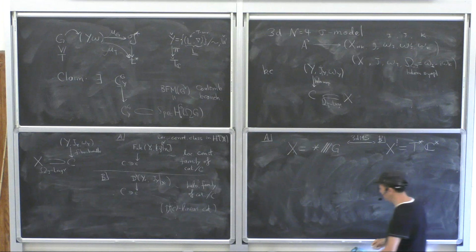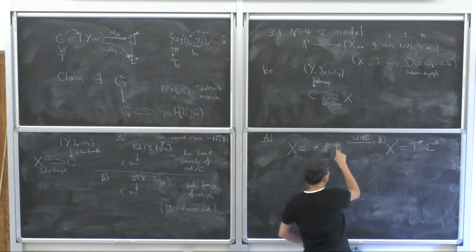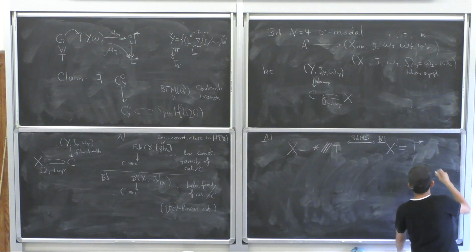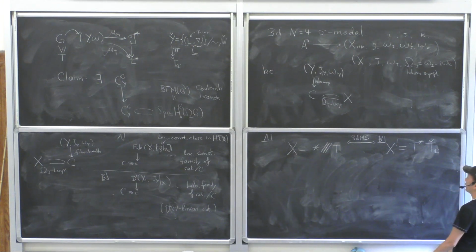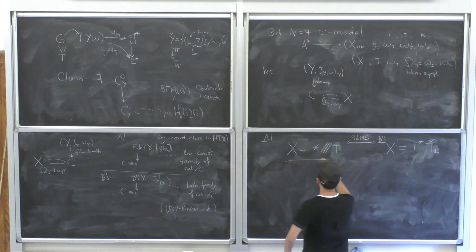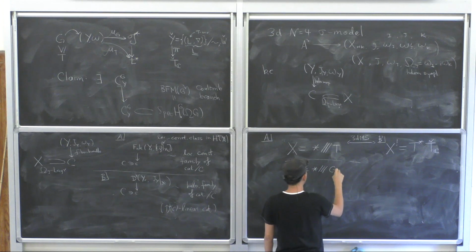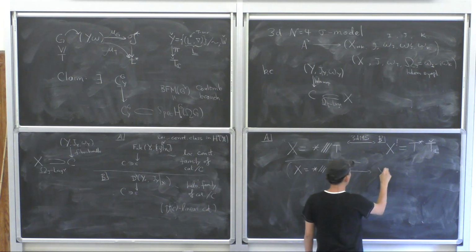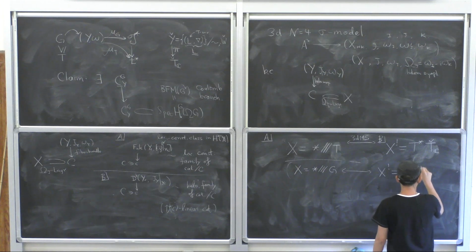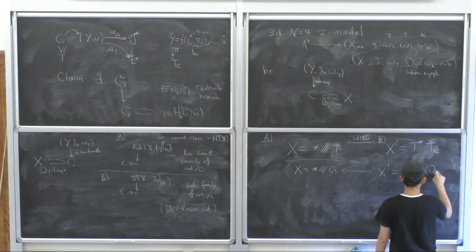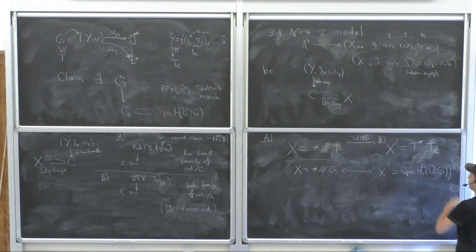Sorry, this is when this is a torus, then this one is the cotangent bundle of the dual torus T check C. Or more generally, if X is a star quotient by G, then it's supposed to be this BFM space, the spectrum of the homology of the loop group. And if G is an abelian group, that's the same space here.